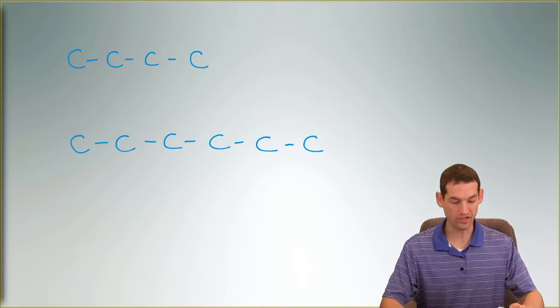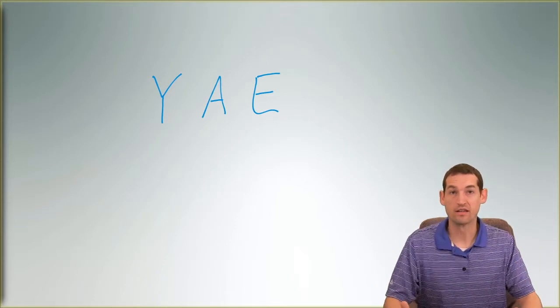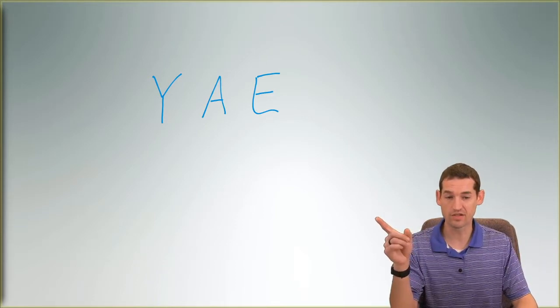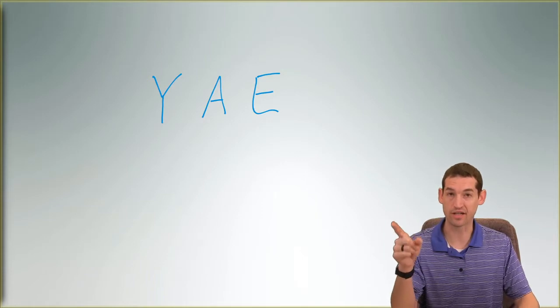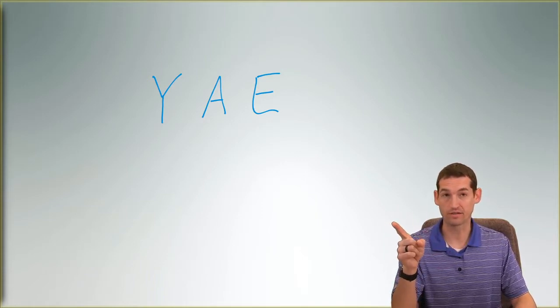There is some variation between the families. And the way I remember this is by remembering Y-A-E, kind of like yay. And that's because the alkynes are slightly higher than the alkanes, and the alkenes are lower than the alkanes.